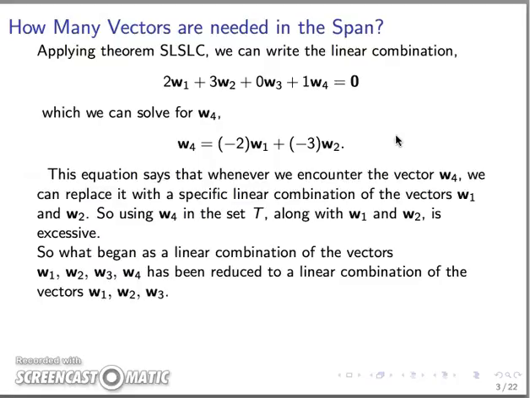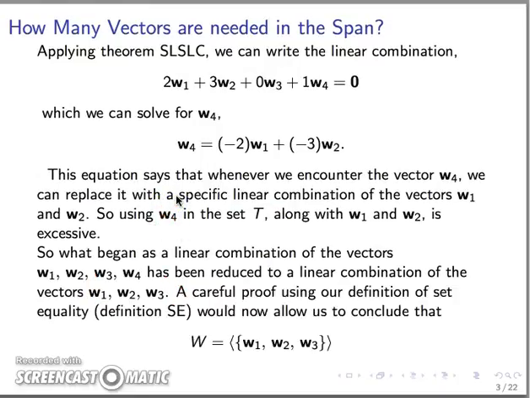In other words, if we're considering the span of T, this can be reduced to the span of a subset of T. By excluding W4, we have a set of these three vectors, a subset of the original set T. We could simply throw out W4 because W4 can be expressed in terms of all possible linear combinations of vectors W1, W2, and W3.